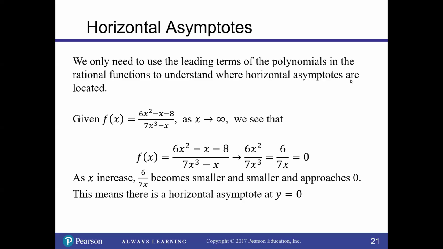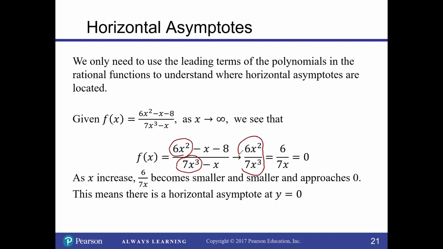So let's do this again, but now we have a different case. The first one we were looking at is that the top and the bottom have the same degree. Now what we have is that the top has a smaller degree than the bottom. So what happens in this case as x goes toward infinity is that the top will start behaving like 6x squared, and the bottom will start behaving like 7x cubed.